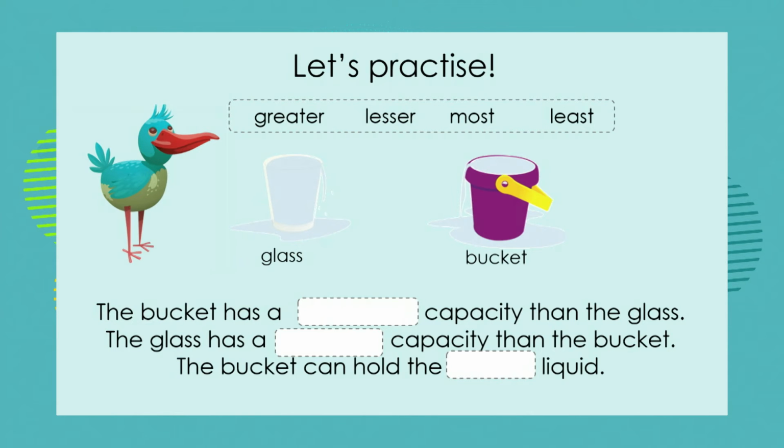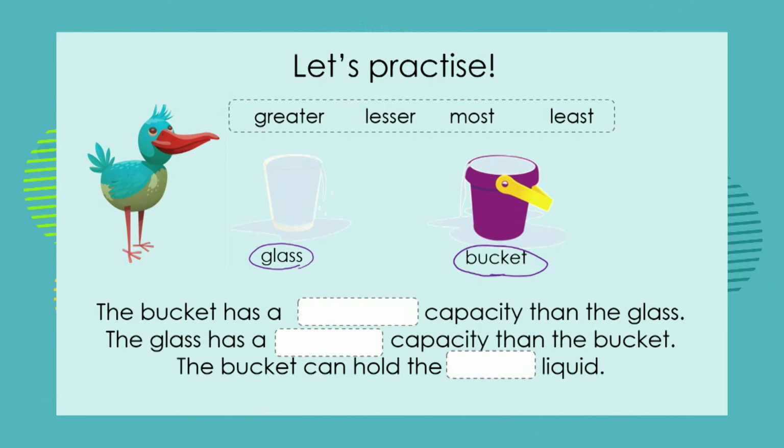Now we are going to practice. The two objects that we are going to compare in this example are a glass and a bucket. And from our previous lesson, remember we learned about different words that we can use to describe capacity, such as overflowing, full, half full, and empty.